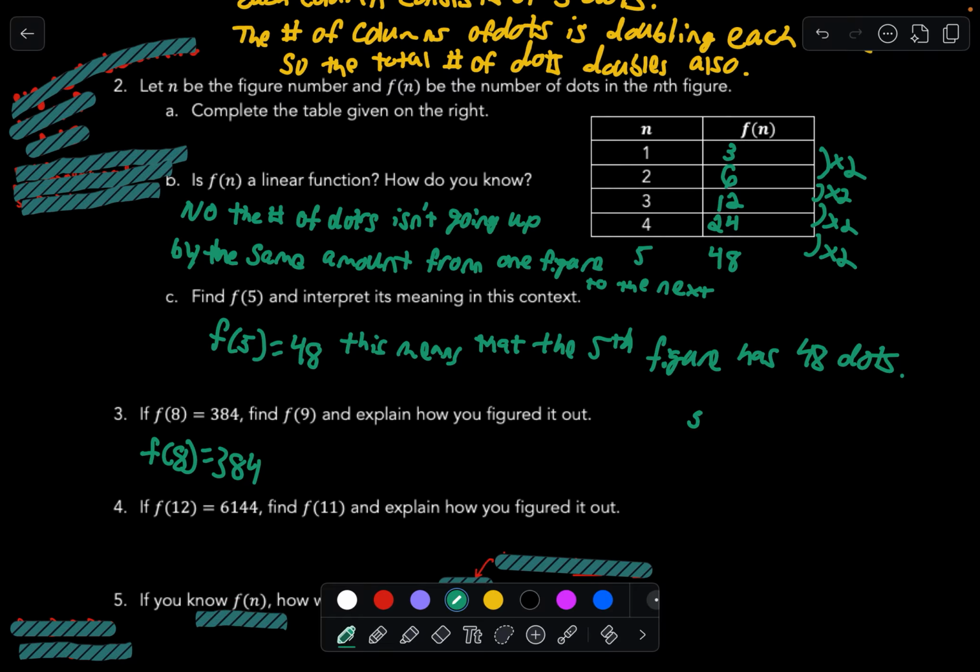So if the 5th term is 48, the 6th term is 96, the 7th term would be 192, and the 8th term would be double 192, which is 384. So the 9th term, f of 9, is just equal to 384 times 2. And that works out to be 768, because we're just multiplying by 2.